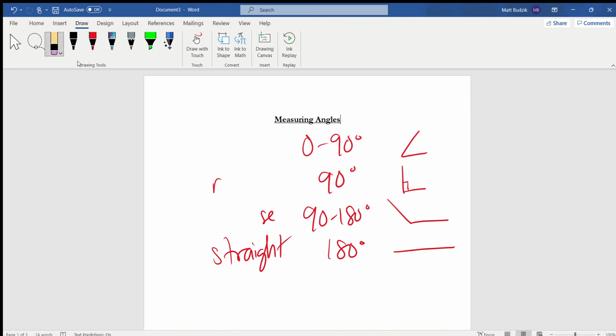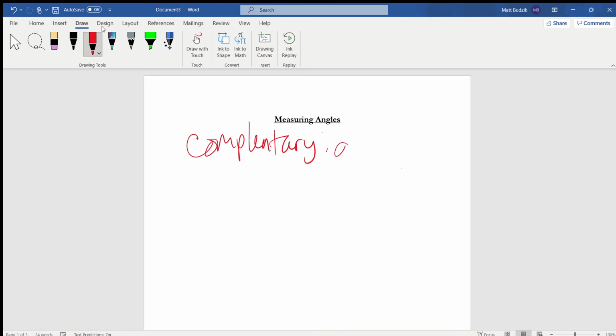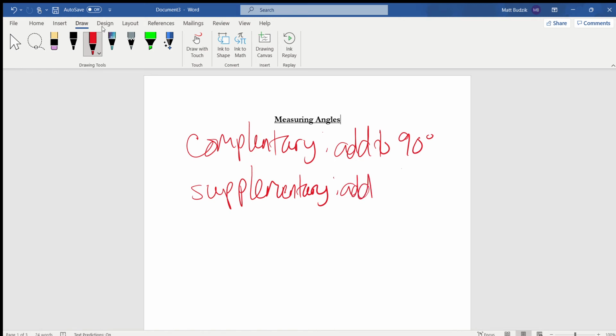Wonderful. So the next little thing we have, complementary angles and supplementary angles. So remember, complementary angles, these are angles that add up to 90 degrees. And then supplementary angles are angles that add to 180 degrees.